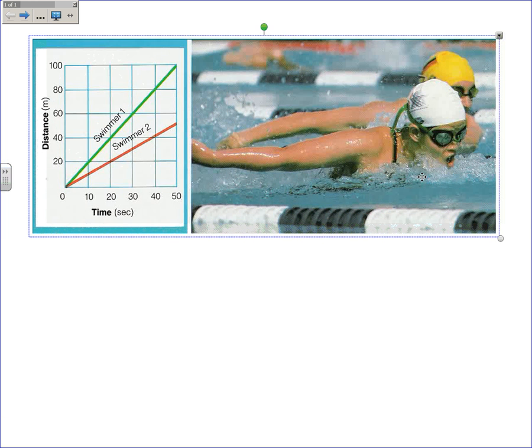There we go. We're going to get rid of distance here and call this position. It's a more detailed description of what this graph is showing us. It's showing us where this object is relative to a reference point, the reference point most likely being the starting line of this race, and then it shows us where those objects are over specified periods of time.